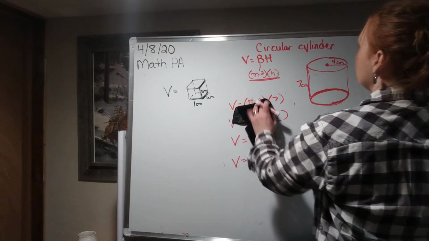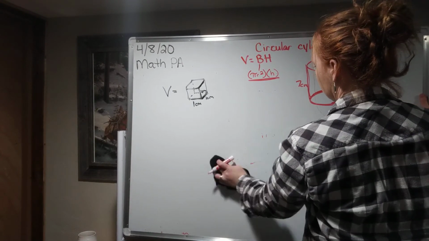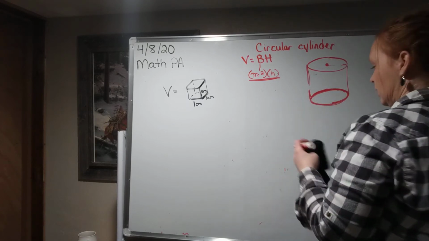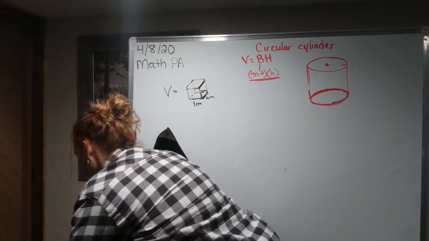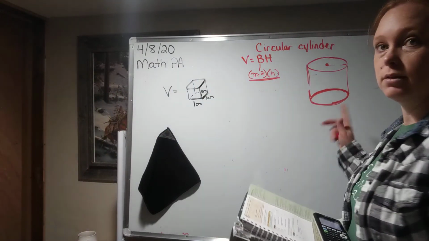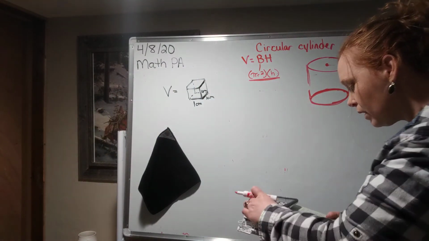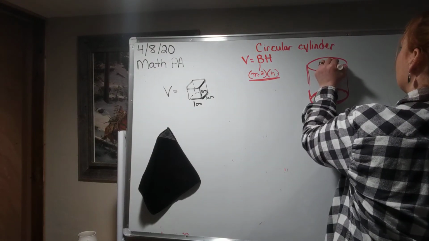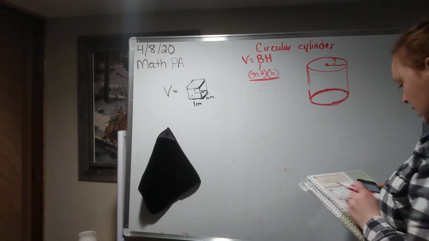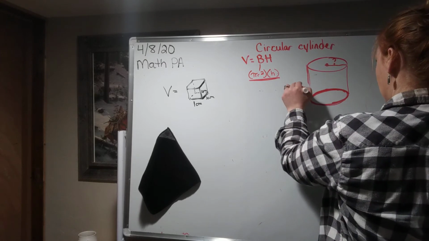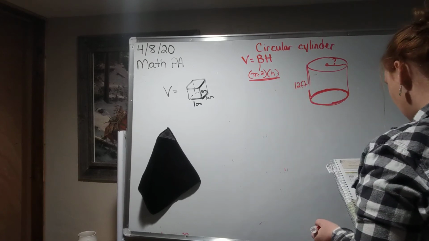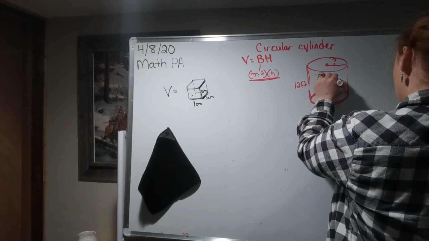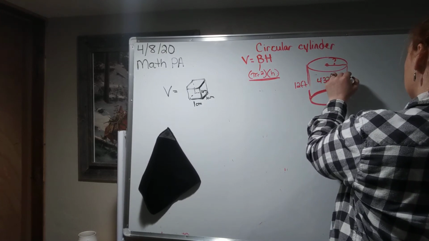I'm going to erase this, but I think we're still going to be working with the cylinder, so I'm going to go ahead and leave my cylinder drawing up. So I like to do everything in a drawing, right, so I can see what I'm doing. It says find the radius of a cylinder. Okay, so what are we finding? It says find the radius of a cylinder with a height of 12 feet and a volume of 432 pi feet cubed.